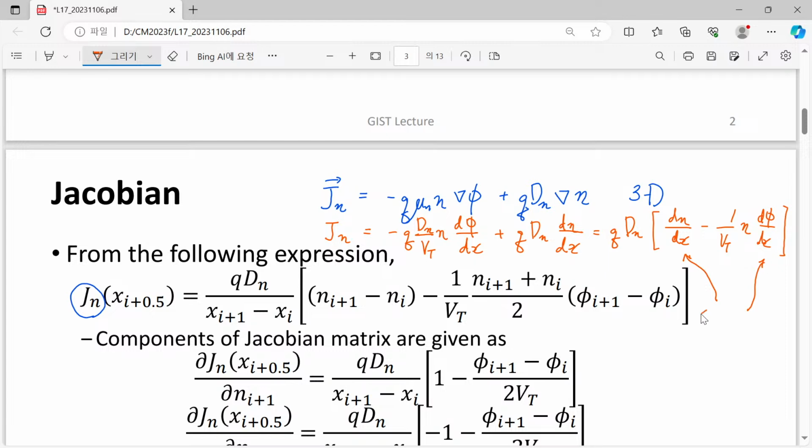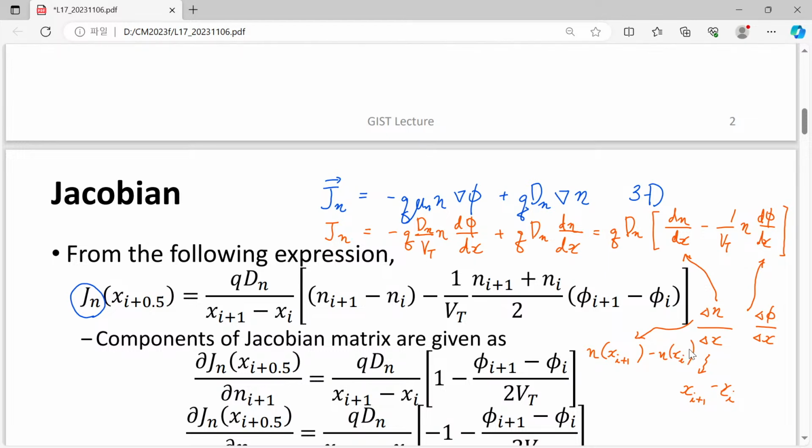We calculate the delta value of electron density between two neighboring nodes, divided by delta x, and also use delta phi over delta x. Here delta x can be interpreted as x sub i plus 1 minus x sub i in the one-dimensional case, and delta n is the difference between the node values evaluated at x sub i plus 1 and x sub i.